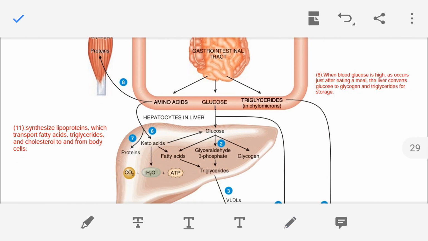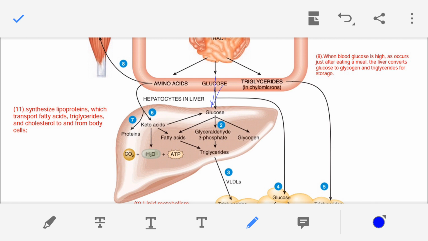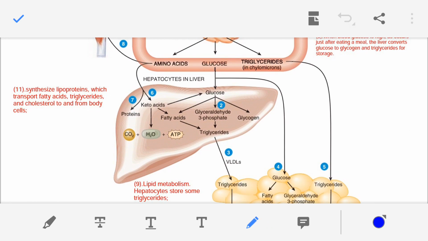Now from the bloodstream, glucose enters the liver, and amino acid also enters the liver. This glucose is converted into glyceraldehyde 3-phosphate, and glucose is converted into fatty acid. From the fatty acid and glyceraldehyde 3-phosphate, these two combine and triglyceride is formed.